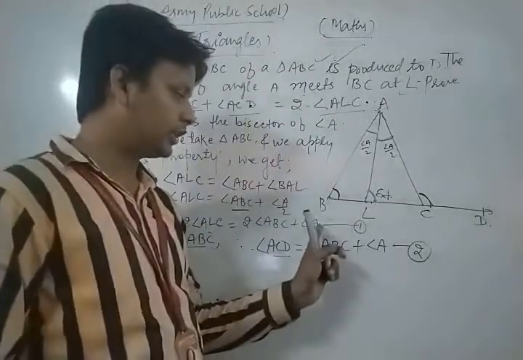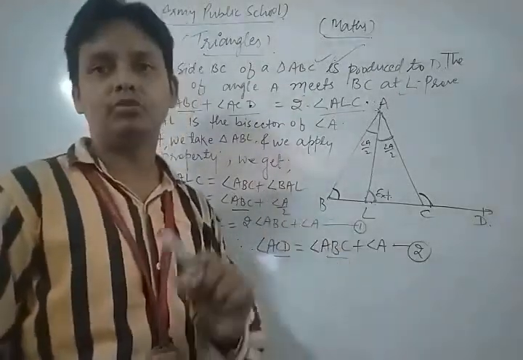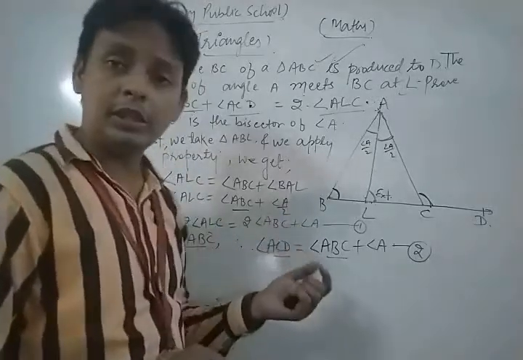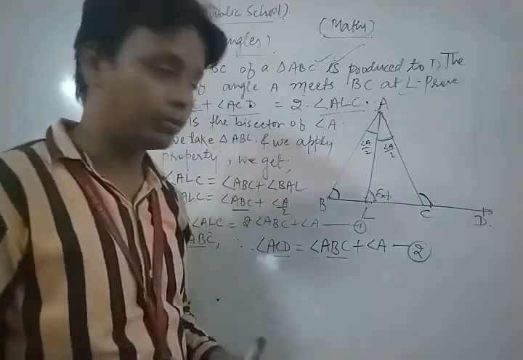Now using equations 1 and 2, we just eliminate the value of angle A. So by which process do we eliminate the angle A? By subtracting both the equations.